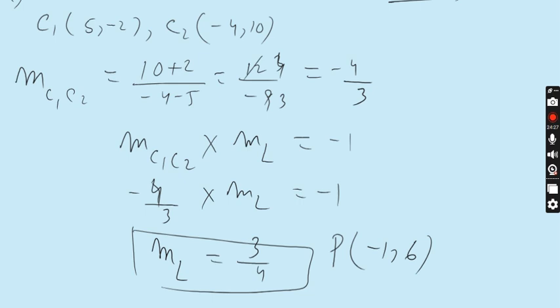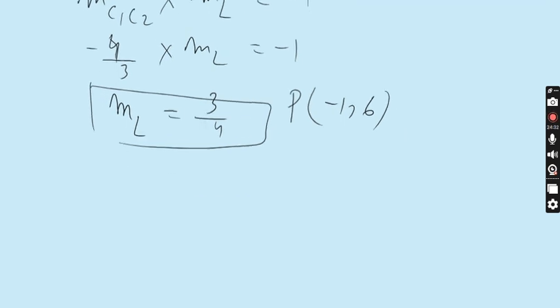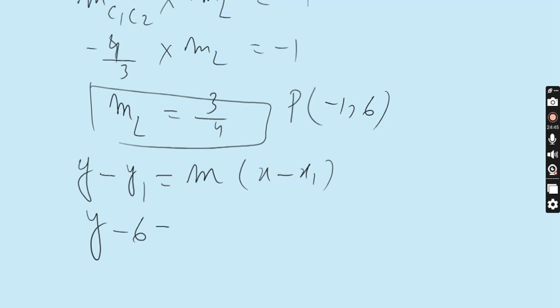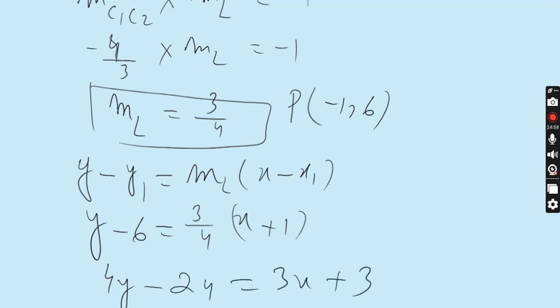So by using the slope point form of the equation, which is y minus y1 is equal to gradient times x minus x1. Y minus y1 is 6, gradient ML we have found 3 upon 4, x minus x1, minus minus plus. 4 into y is 4y, 4 sixes are 24, is equal to 3x plus 3.